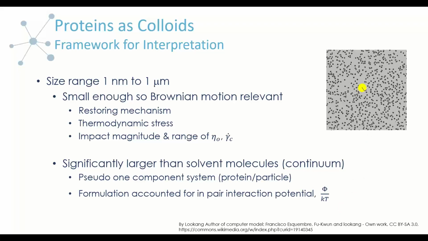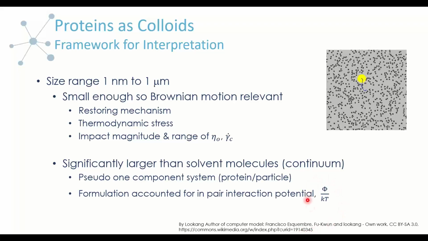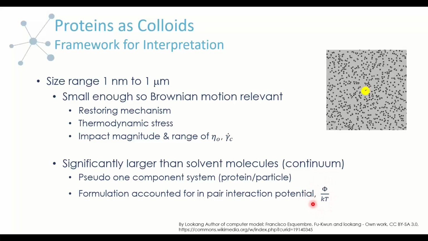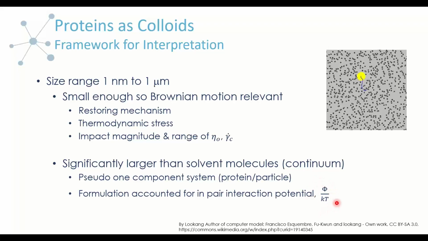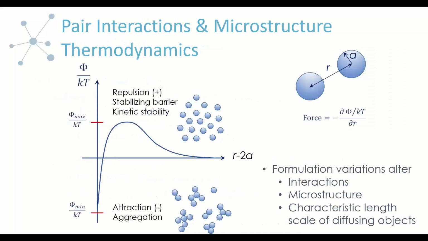And we can quantify this pair interaction potential with this expression here, phi over kT, where kT is just thermal energy. Next, let's talk about the pair interactions in a microstructure within solutions.